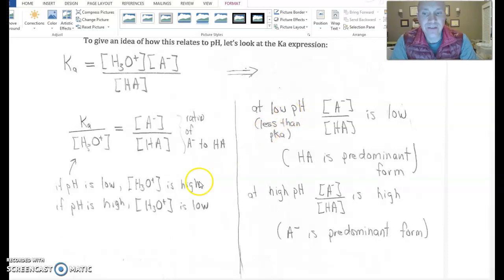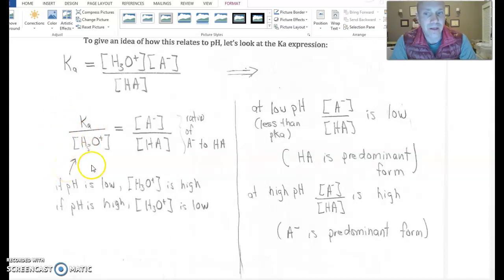So if that happens, if you get it low, what that means is that this part of the expression right here would be high. If you've got a constant up top and a large denominator, that means this side right here is going to be small.